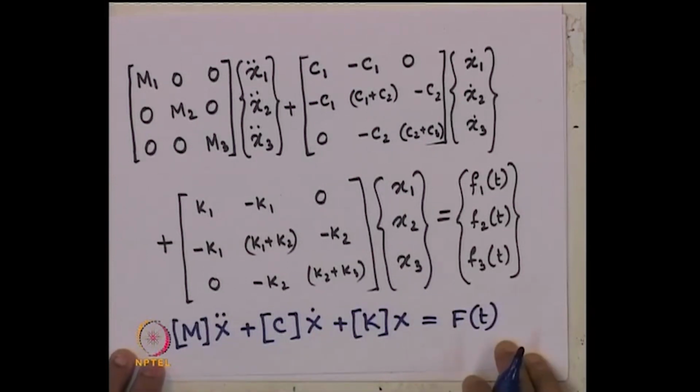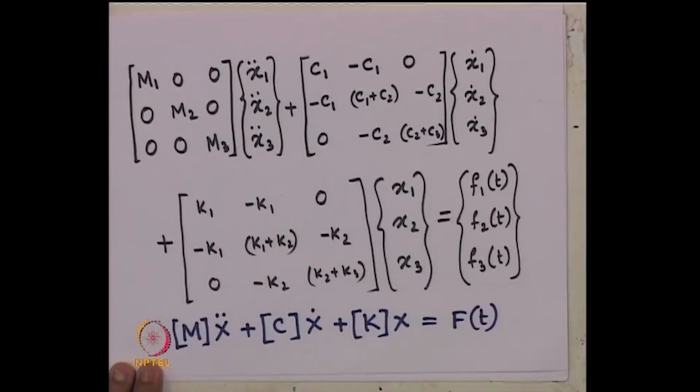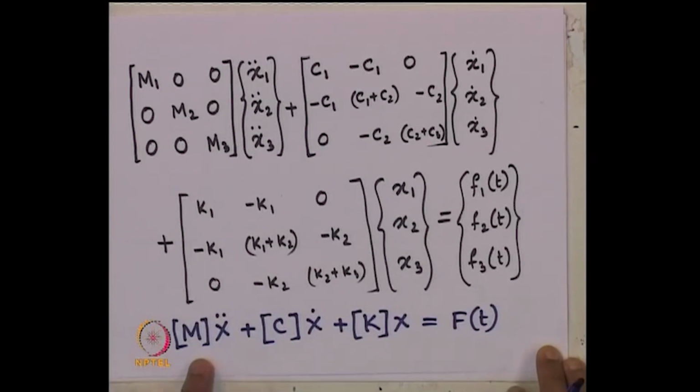What does it mean? Even for a multi-degree of freedom system, the form of the basic governing equation of motion remains the same. That is mass times acceleration, damper times velocity, plus spring constant times displacement equals applied dynamic load.